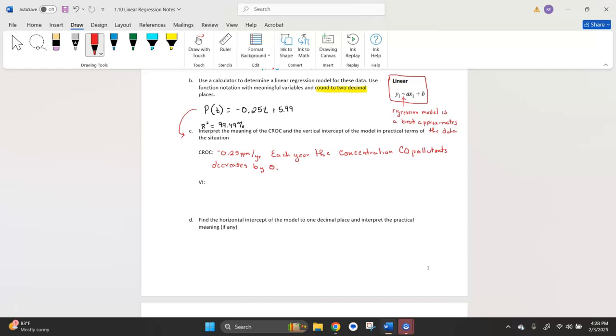We don't need the negative there. And again, if you want to put the ppm after that, you can, because sometimes it sounds better, but it doesn't matter whether you put it there or not.